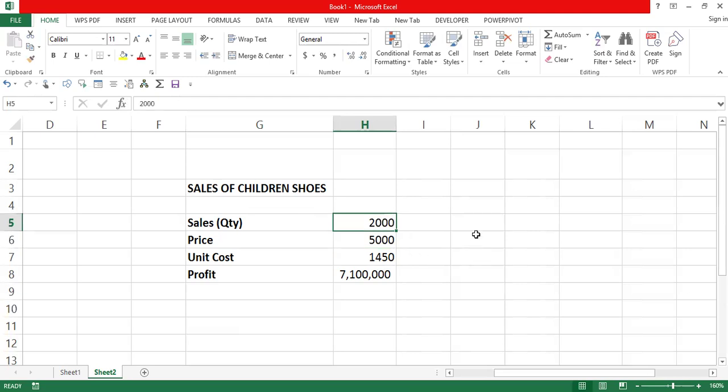Okay, that's right. So this is your method. We are talking of profit per item, per unit. That's what you computed just now.